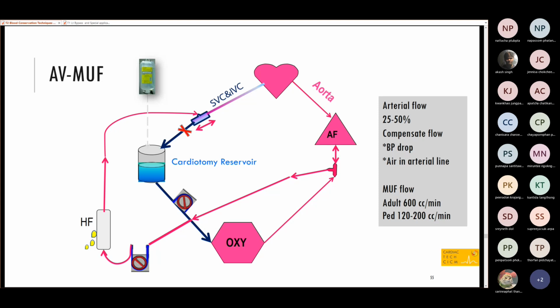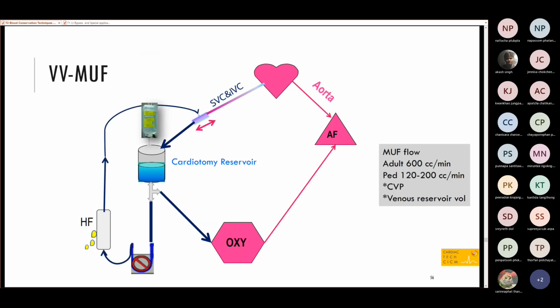It seems like extra time for CPB. So you have another extra 10 minutes to process the MUF. Like AV MUF, there is another setting called VV MUF. So here is the setting for the VV MUF. Okay.